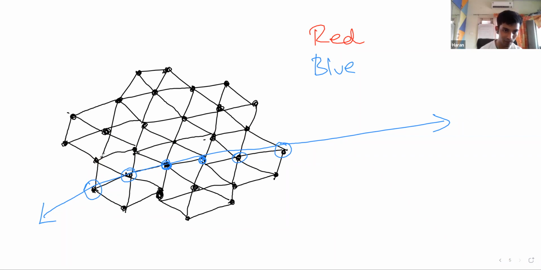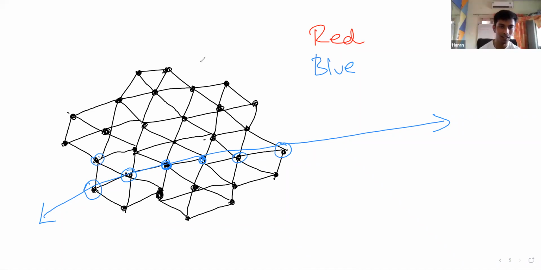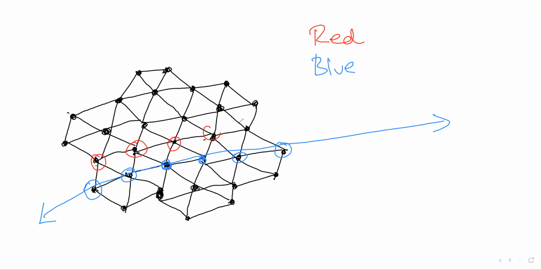So let's say this vertex was blue. Is that a problem? Yes, sir, there is a problem, the smaller equilateral triangle is getting formed. Exactly. So this would have to be red, right? And this point has to be red as well, by the same argument. Yes, and this entire line would be red. Exactly. So this entire line would be red.